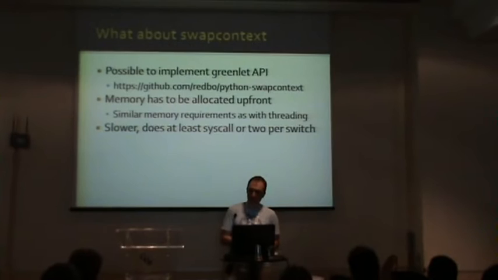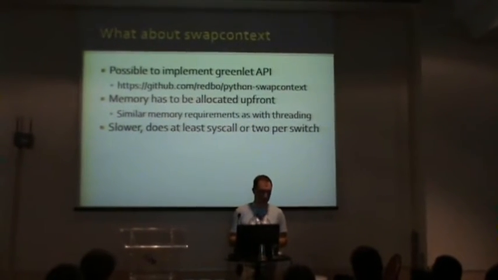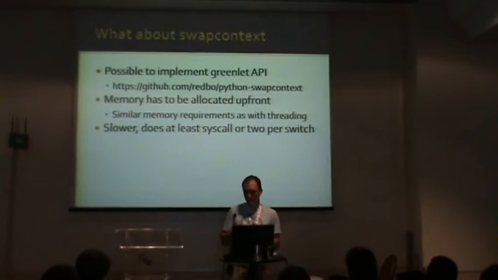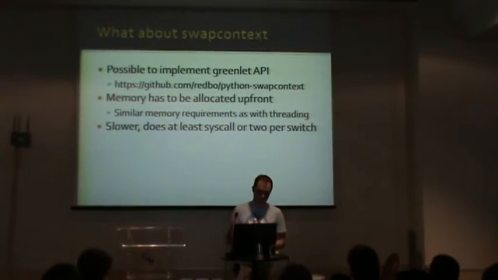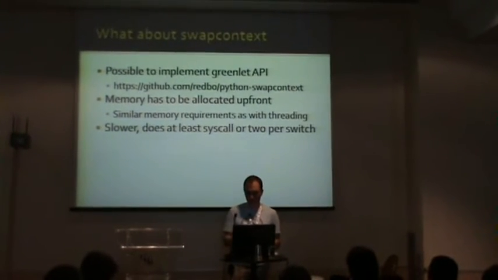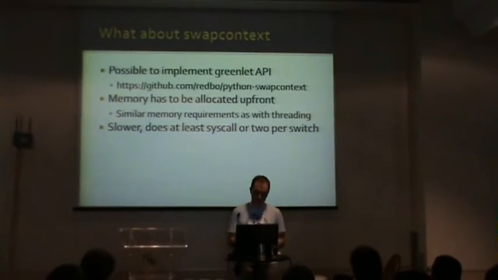The portability concern can be addressed somewhat with the swapcontext API. This is a POSIX API to do this kind of user-level switching. Swapcontext doesn't do this stack slicing, but instead it requires you to allocate the memory for the stack up front, so it has memory requirements comparable with threads, but still it's user-level threads and might be faster for your I/O applications.